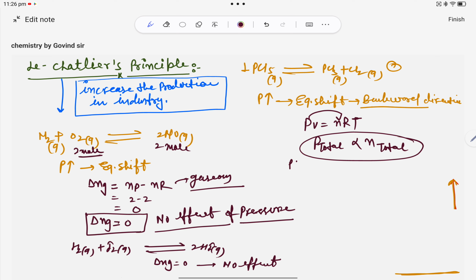So what happens if you increase the pressure? The equilibrium wants to decrease the pressure, so it shifts towards the lesser number of moles.